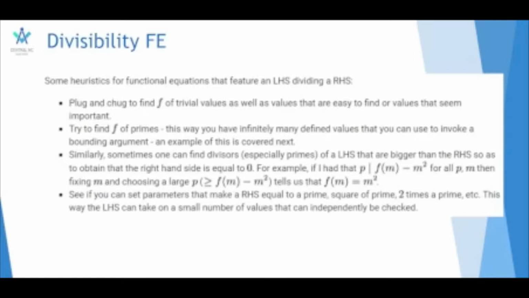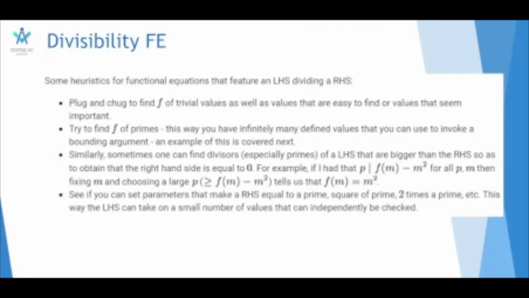If we had that p divides f of m minus m squared for all pairs p and m, like this is something we determined, then if we choose a large enough p, anything that's bigger than f of m minus m squared, right?